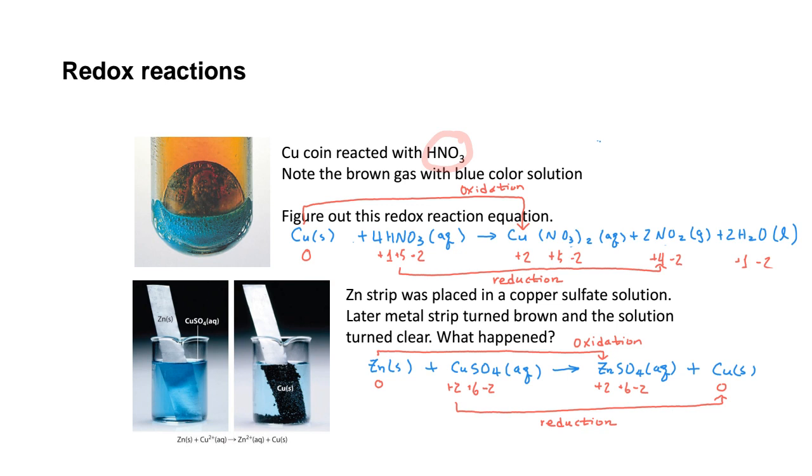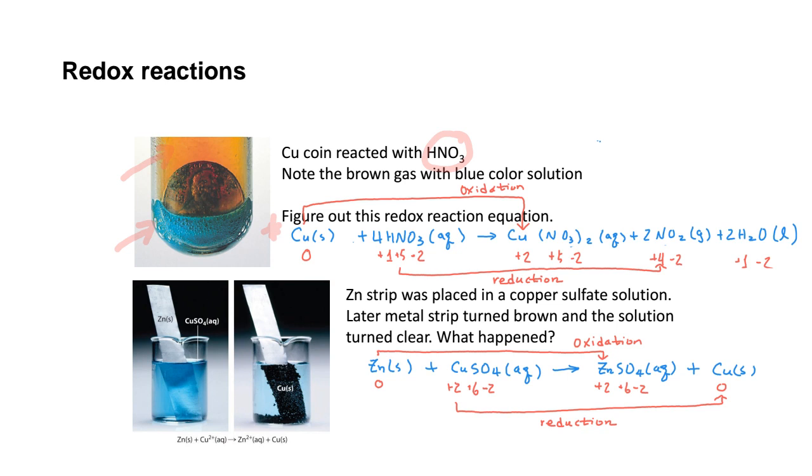What you can see here is that the coin is going to react with the nitric acid, and the solution color turns into a beautiful sky blue color. At the same time, you'll be able to see a brown gas evolve as a result of the reaction. The completed reaction is shown here.